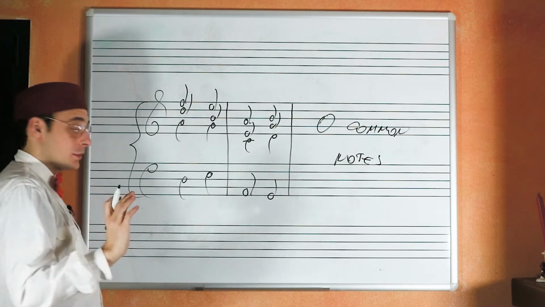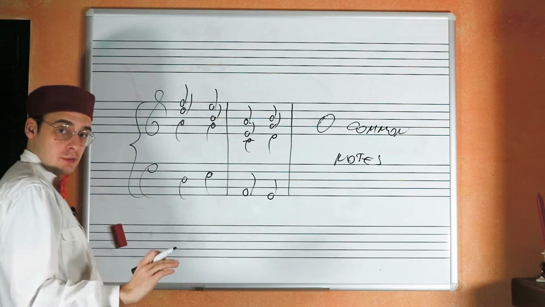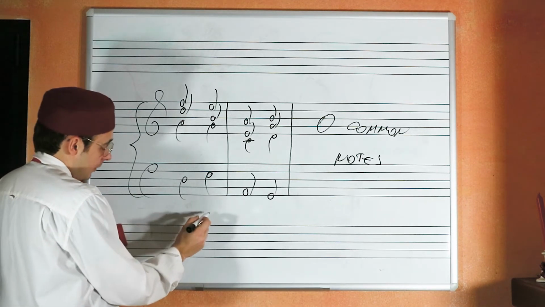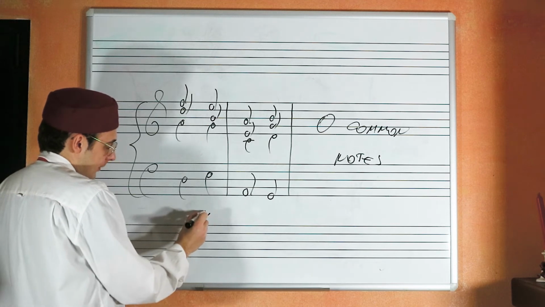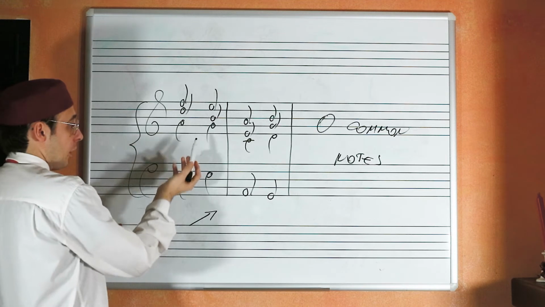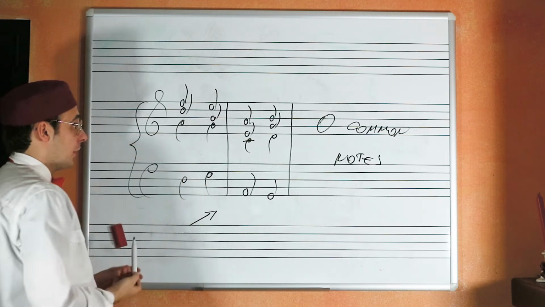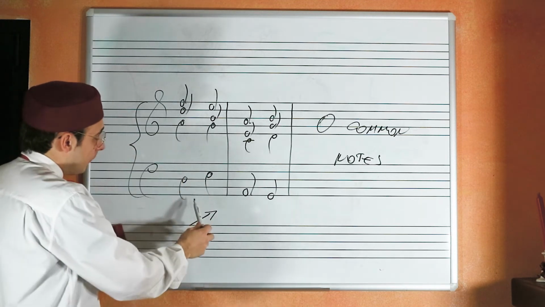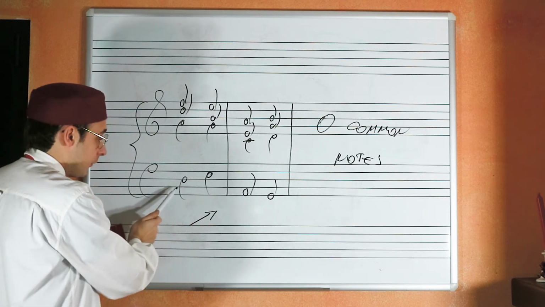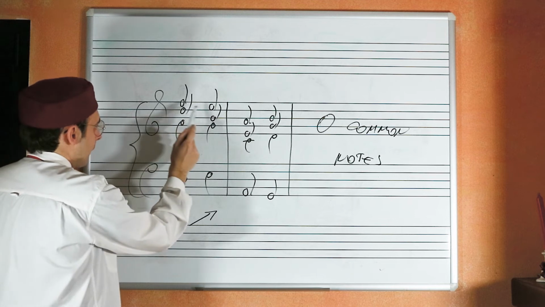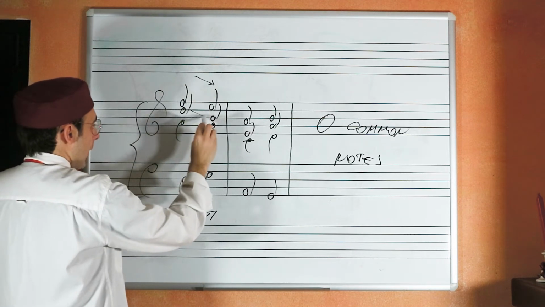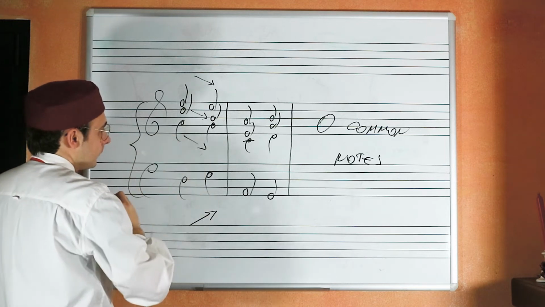So I must do contrary motion. For example, in the first case, I have an ascending stepwise bass. So all the voices of the right hand of the harmonization must do a contrary motion with respect to the bass. The cantus descends, also the altus and the tenor.